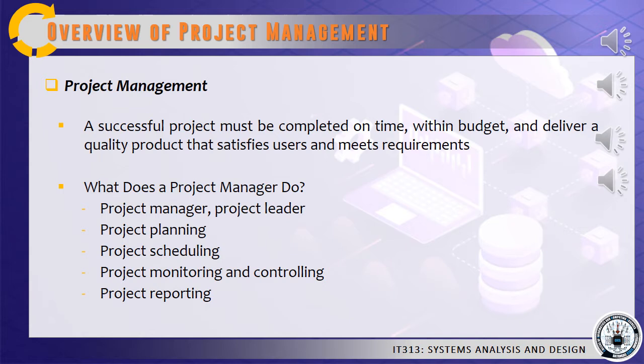Next, the third activity of a project manager is project monitoring, which requires guiding, supervising, and coordinating the project team's workload. The project manager must monitor the progress, evaluate the results, and take corrective action when necessary to control the project and stay on target.